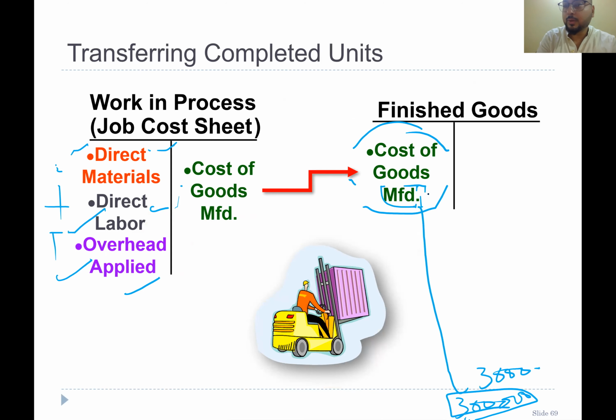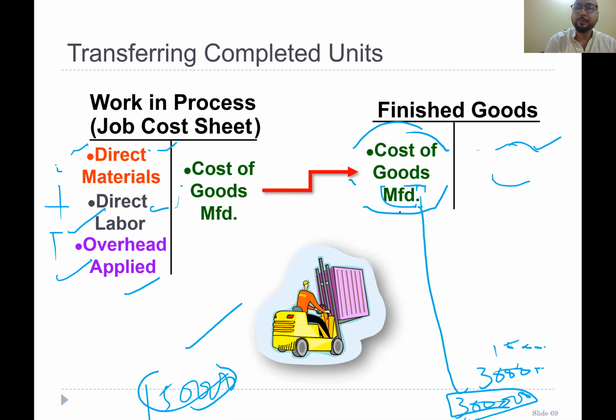And from those, whatever is sold is going to be written here. So that would be cost of goods sold, right? We will decrease that amount. For example, half of them are sold, 1,500 units. So it means 150,000 worth of cost of goods sold is going to be decreased from here.